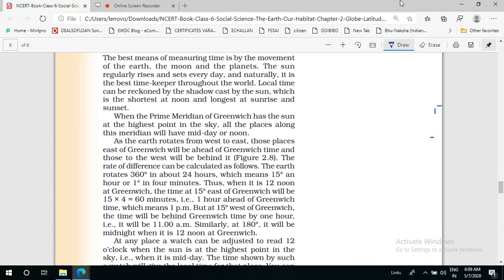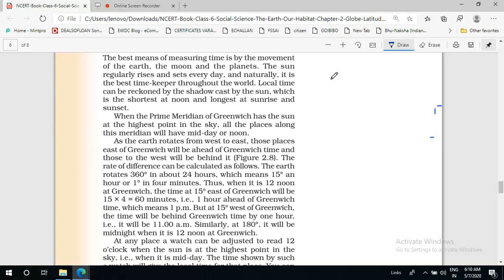Okay. Now, some other things you have to understand. The earth moves in 24 hours. We know that the complete movement of the earth rotating around itself takes how many hours?